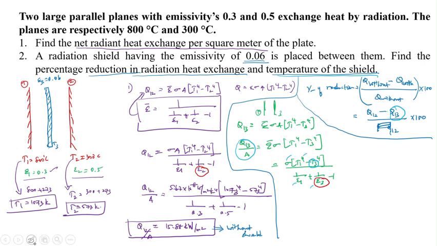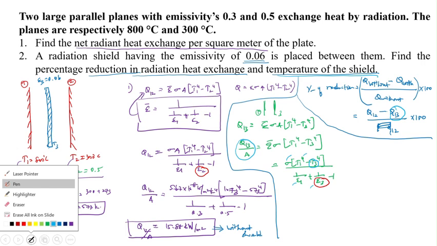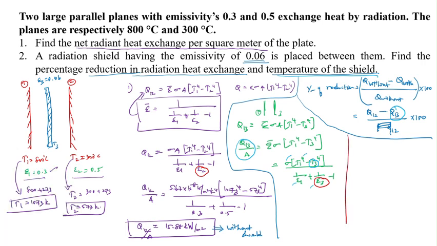For finding T3, we move to another correlation. Similarly to Q123, we can find Q322. Q322 is equal to epsilon bar sigma A into T3 to the power of 4 minus T2 to the power of 4.